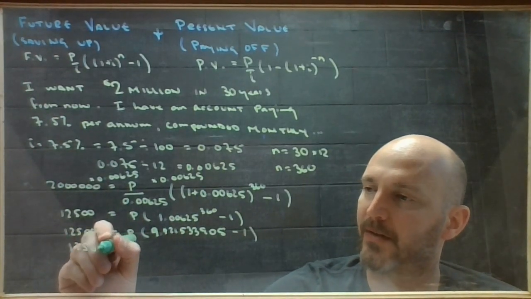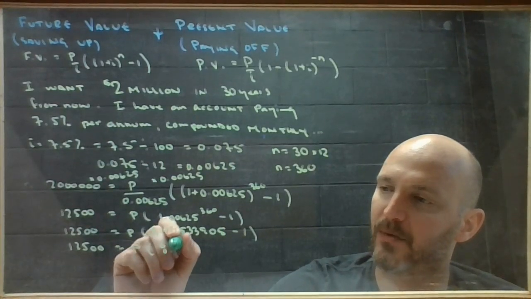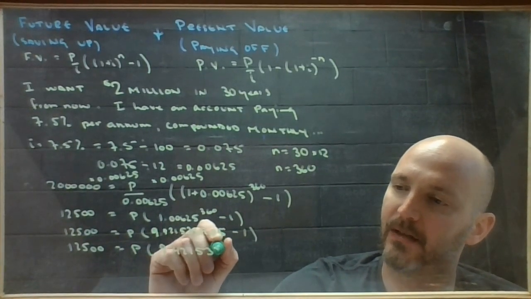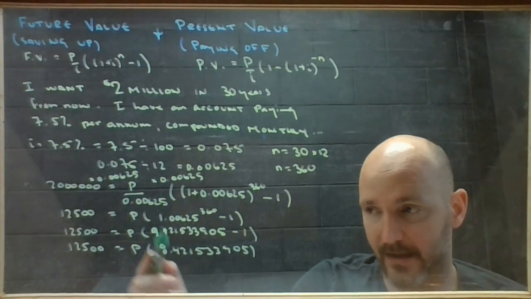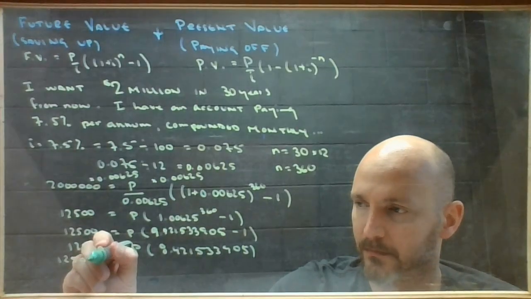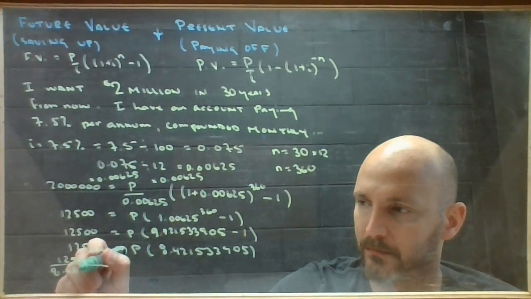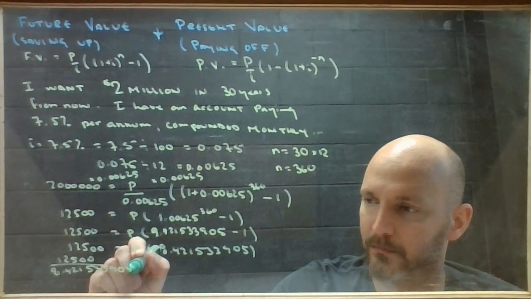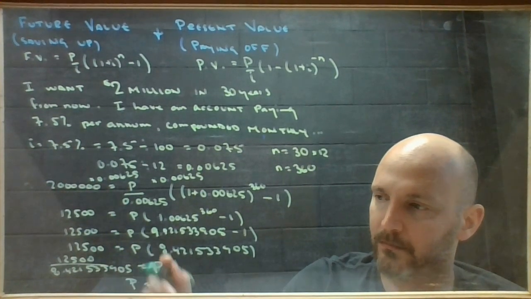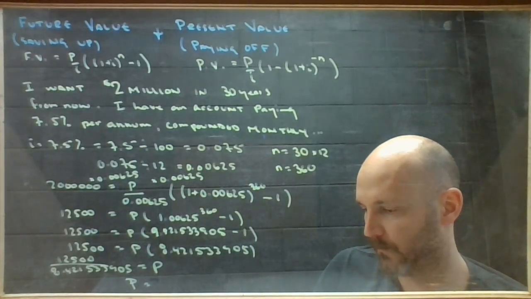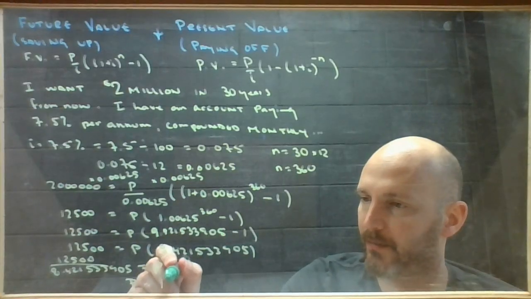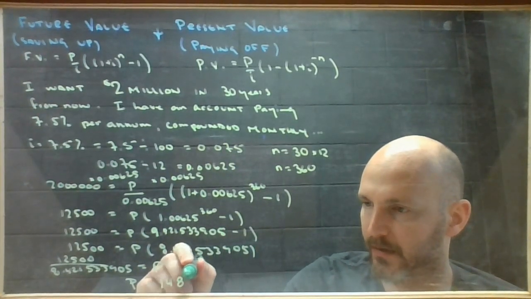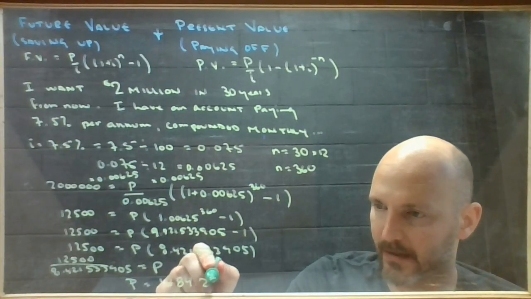So 12,500 is P times 8.42153395. So I just need to divide both sides by this number, and I end up with $1,484.29.